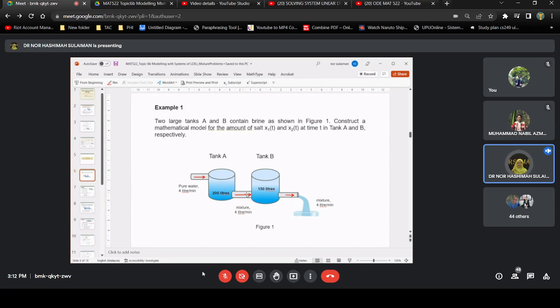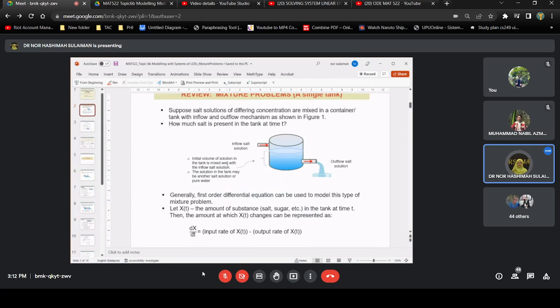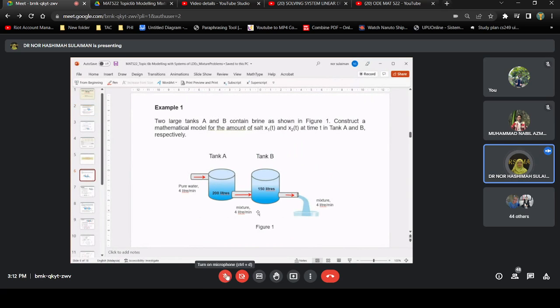So bila dia melibatkan begini, kalau dia single tank tadi, variable dia hanya satu saja, dx dt, right? You are taking the derivative of x with respect to t. Ada satu variable x. Tetapi kalau dia melibatkan dua tank, you akan ada variable dia ada dua, x1 dengan x2. x1 ni adalah untuk tank yang pertama, x2 adalah untuk tank yang kedua.